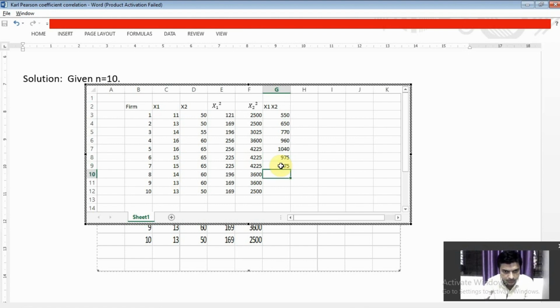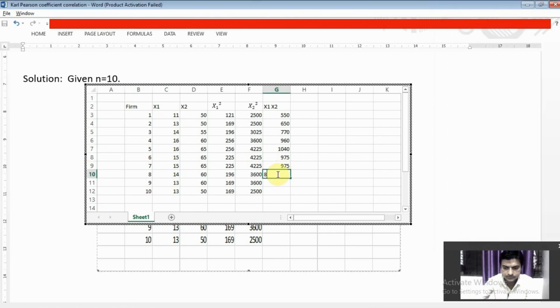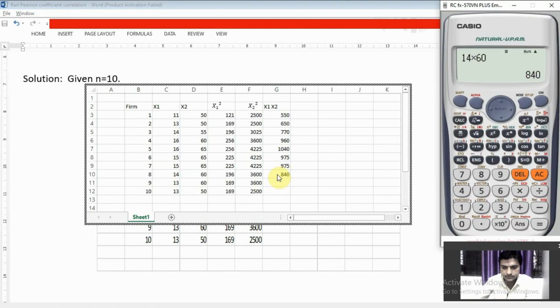Then 14 into 60, 840. 13 into 60, it is 780.